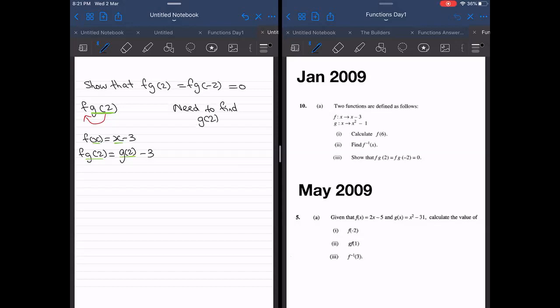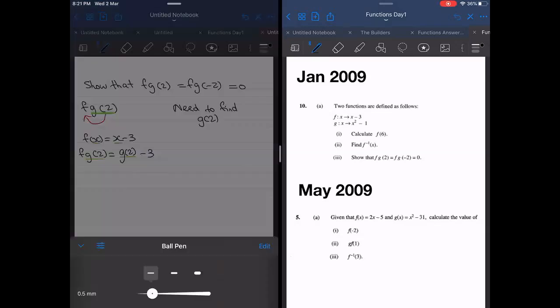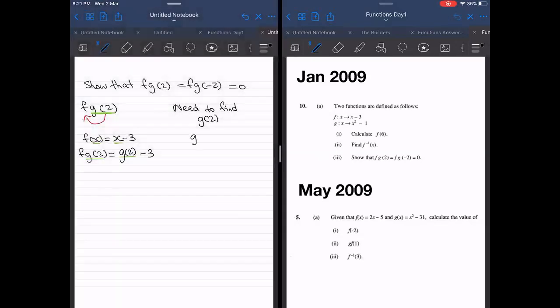What is g of 2? If g of x is x squared minus 1, g of 2 means wherever I see x, I'm going to insert 2. And 2 squared is 2 times 2, so that is 4.